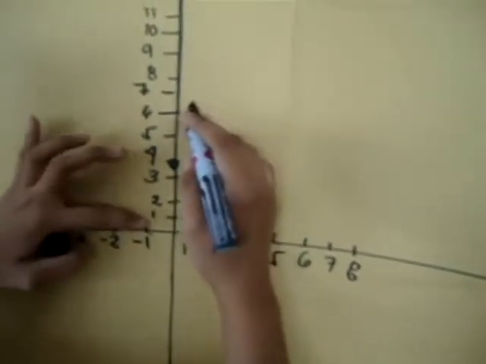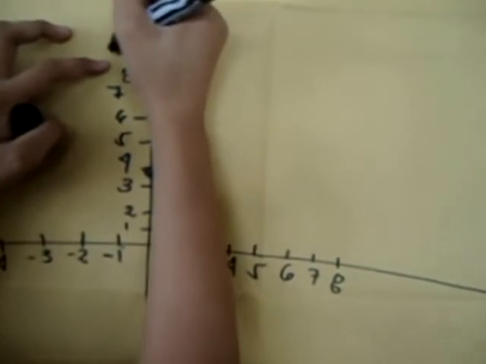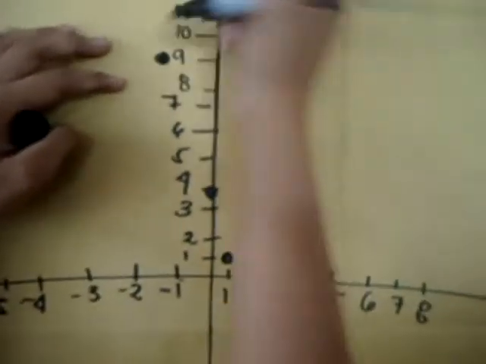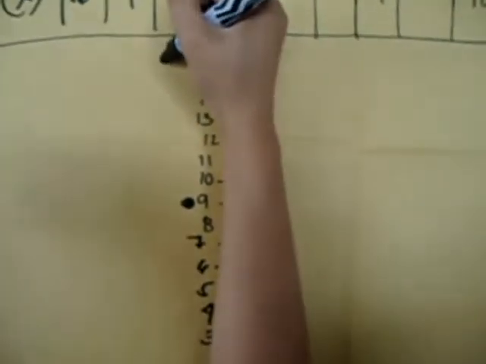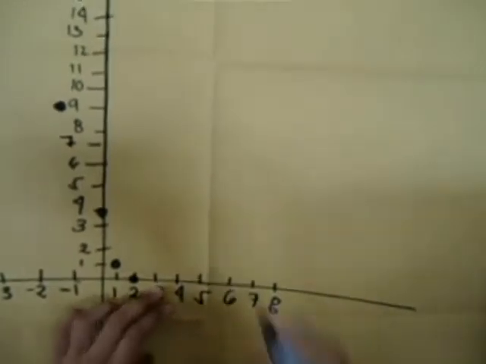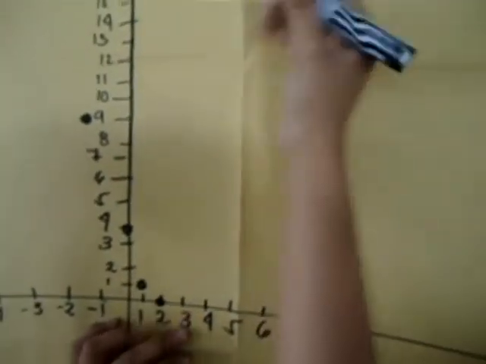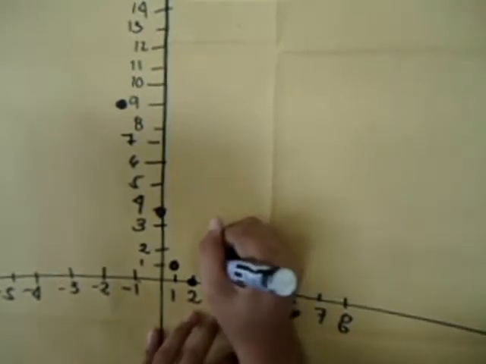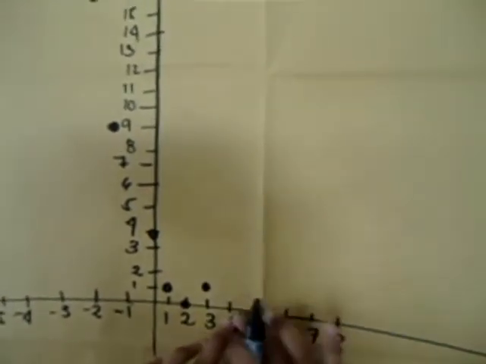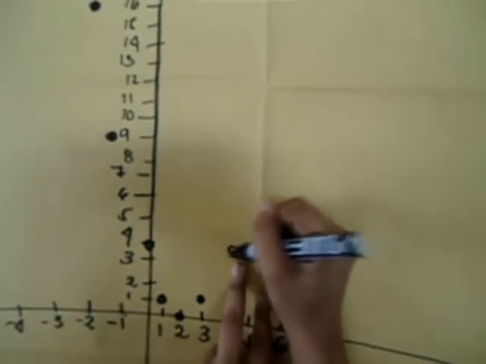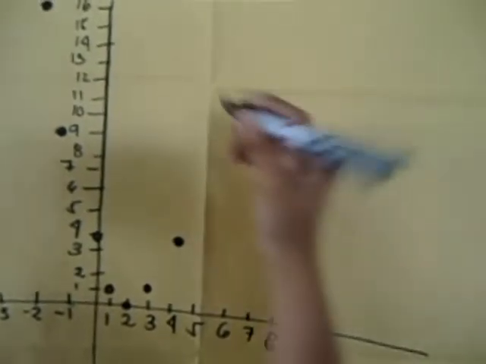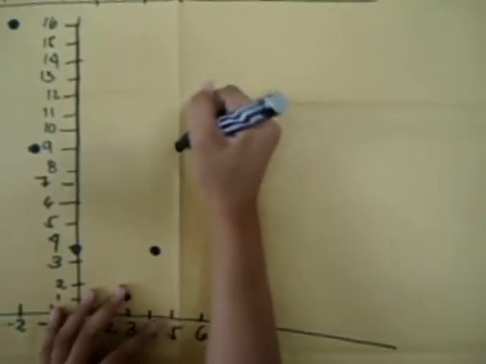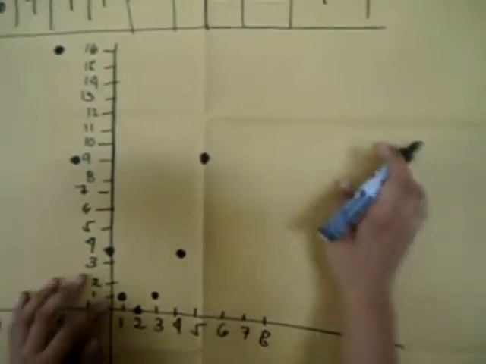And then -1, +9. -2, and +16. On the right side, 3, +1. 4 and +4. 5 and 9. +6 and 16.